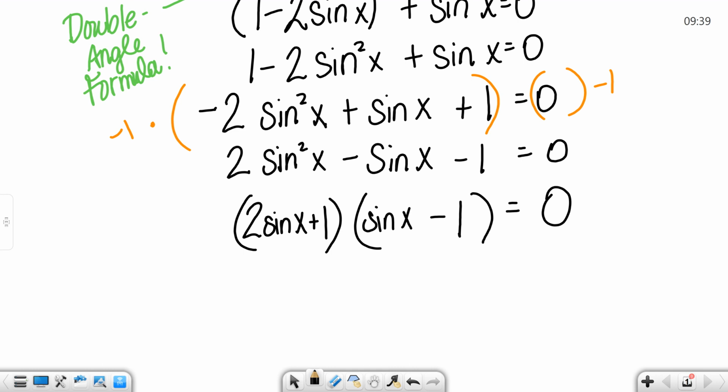So when I check with my FOIL, I need this to give me a negative value, because then when I add this, I would get a positive if it was the other way around. All right, so negative 2 sine x plus sine x will give me the negative sine x that I'm looking for. So now that I've found my factors, I set each factor equal to 0 and solve.